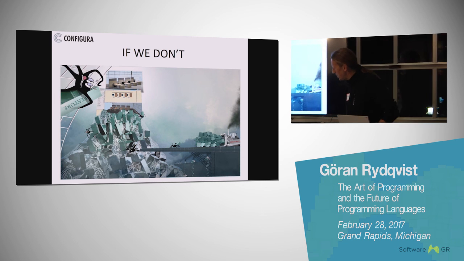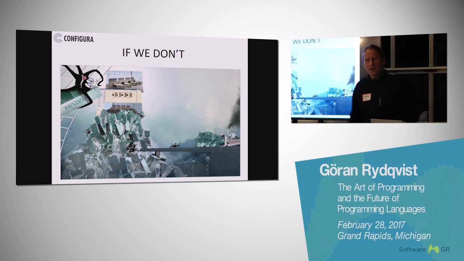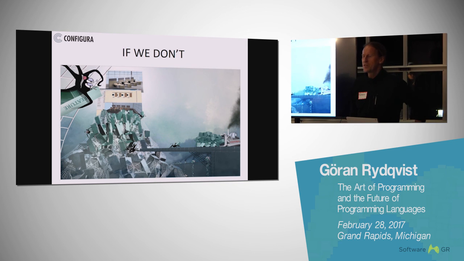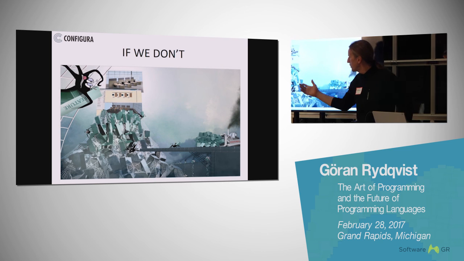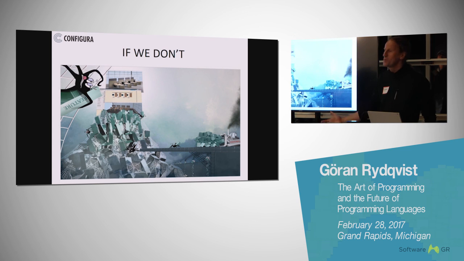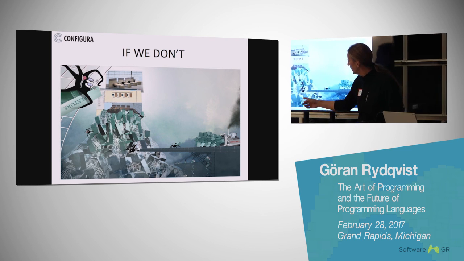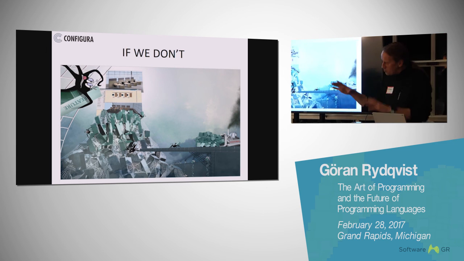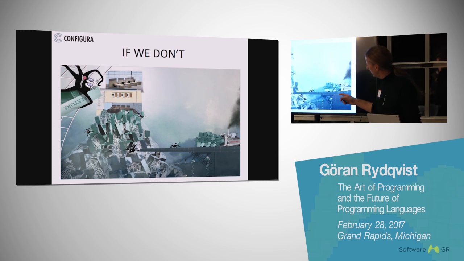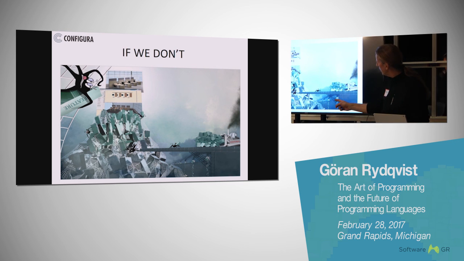So this is a drawing that I got made by an internal artist. This is a mountain of bad software. So if we don't follow the principles I'm talking about, this is what you get. You have all these spider webs and all the poor little spider programmers trying to make this not fall. And here you have the feature trucks coming in from all your customers, and they're just pouring in over the edge.